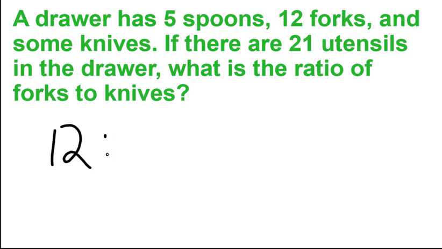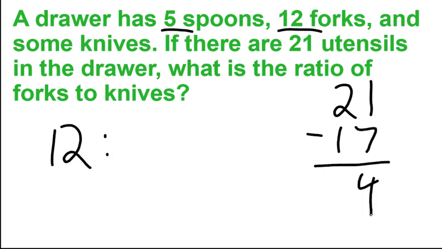There are 4 knives. We have to figure it out though, right? If there's 21 utensils and we got 5 spoons, 12 forks, we'd have to subtract the 17 and whatever was left was the knives. So the ratio, forks to knives, is going to be 12 to 4.